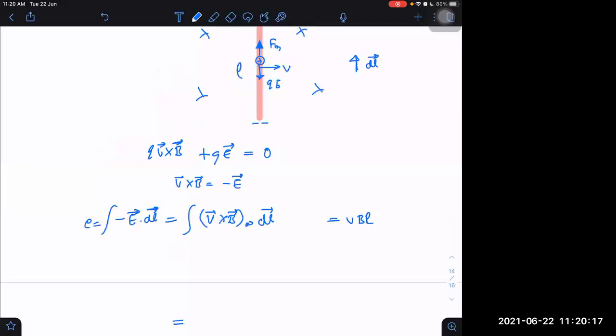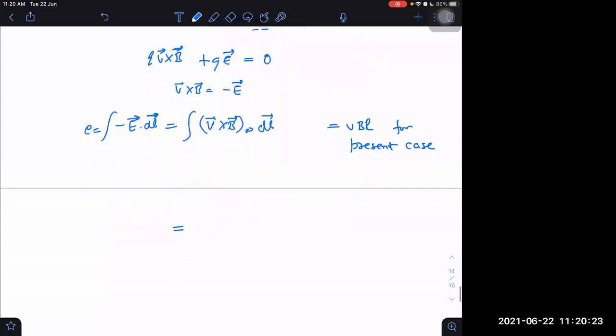So VBL for the present case. What is it in general? I am saying one important thing here. If V and B are constant, or if V and B are not constant, at least B is constant.